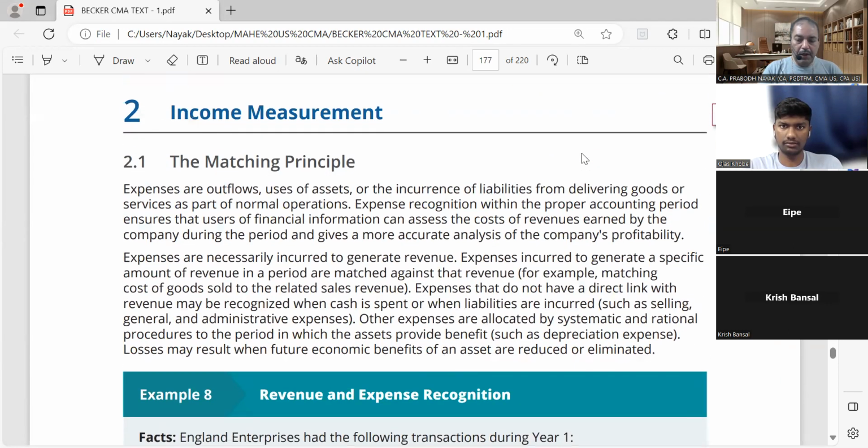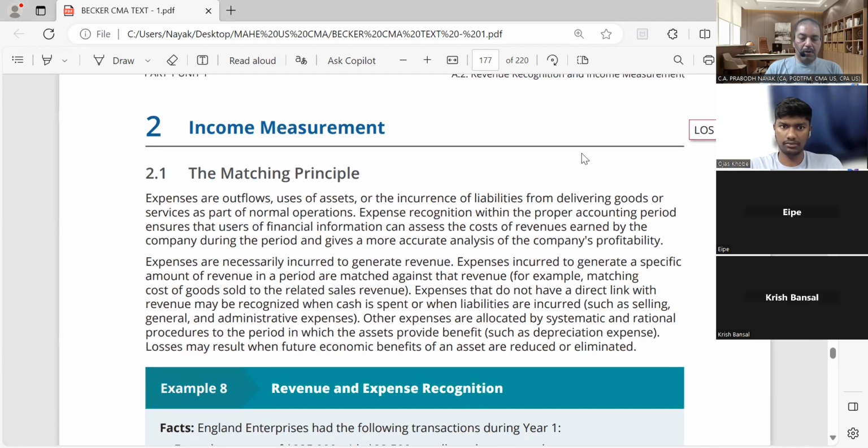Let us now come to income measurement. Income measurement, basically we are here learning how to match the revenue with the expenses, matching expenses with revenue. So we are following the matching principle.